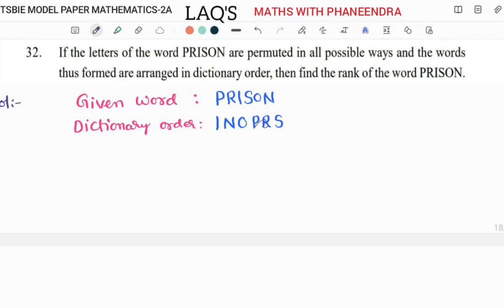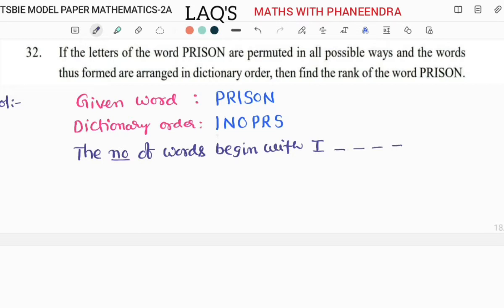Again the number of words which begin with PI, PN, PO till the number will come PR. So first we will write it. The number of words, here NO like this hyphen is given means number of, not no. The number of words begin with I.